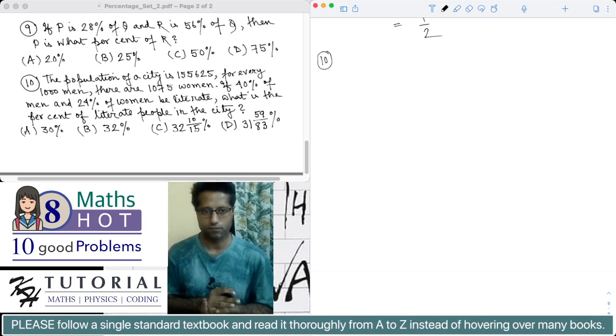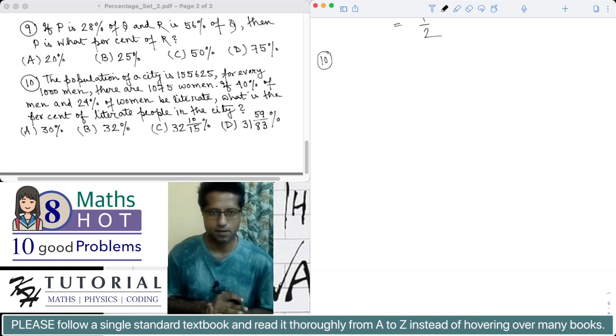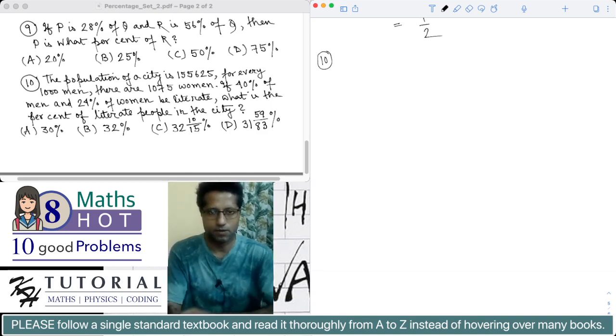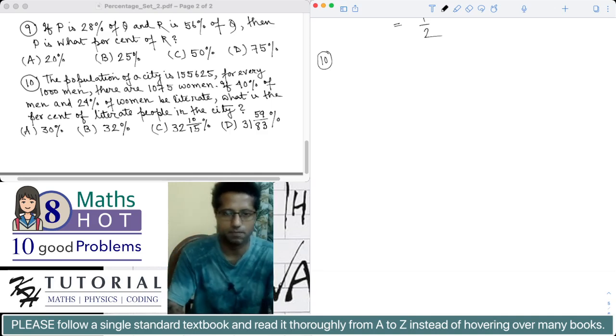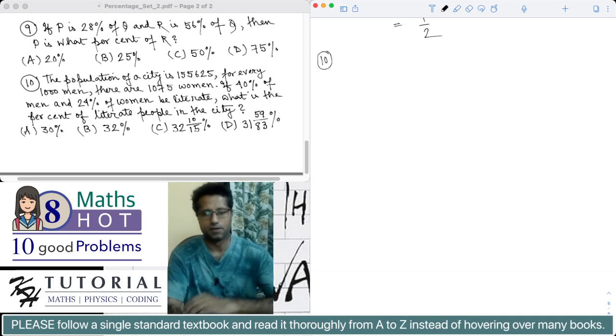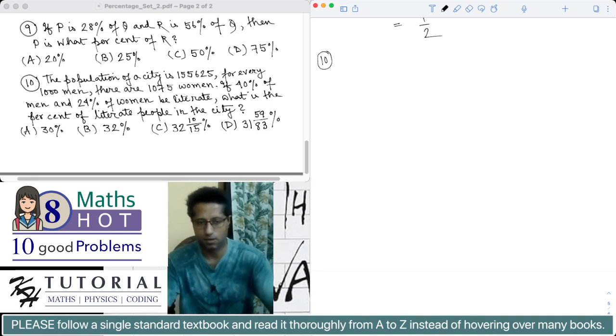First we have to find the total number of literate men and total number of literate women, then we have to add them up. Adding them up, we will get the total number of literate people in the city. So total number of literate people is equal to total number of literate women plus total number of literate men.